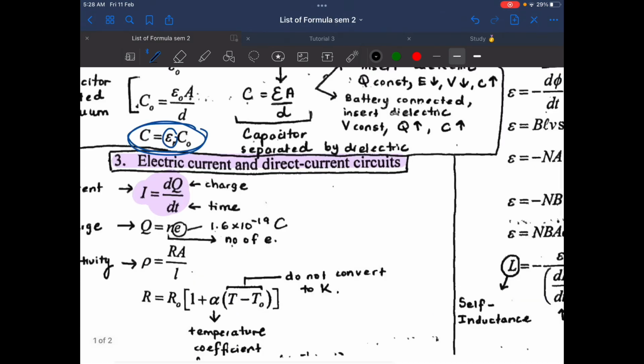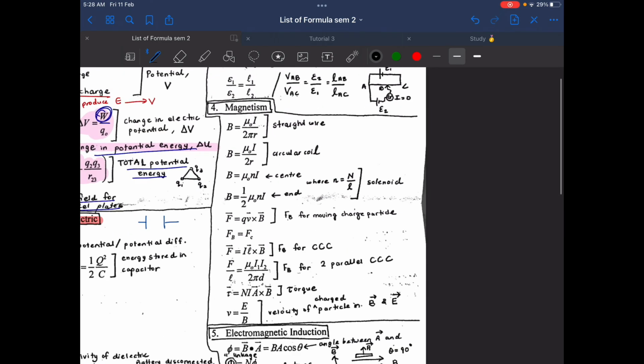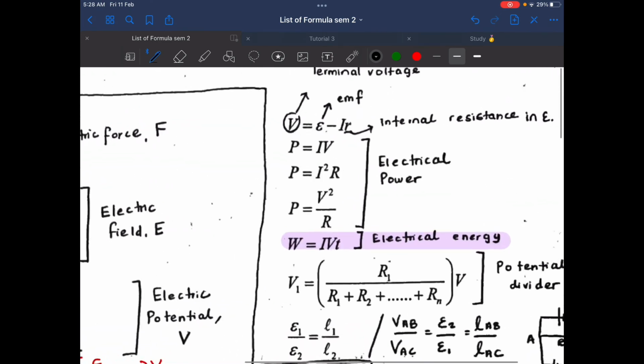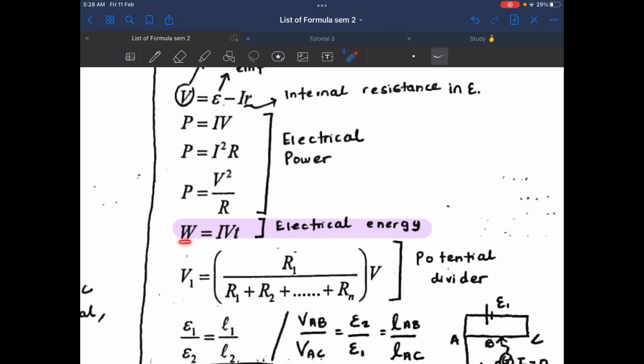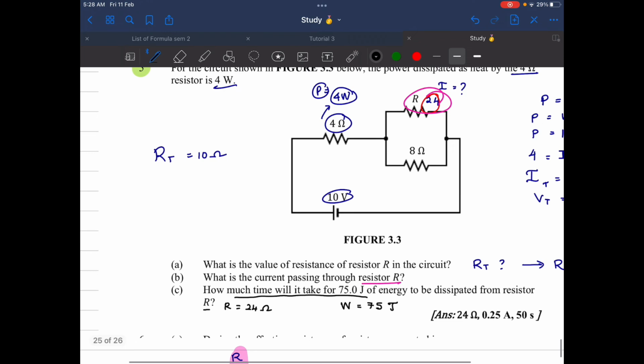What is the formula for electrical energy? This one, isn't it? Energy is IVT. So W equals IVT. The question asks for time.